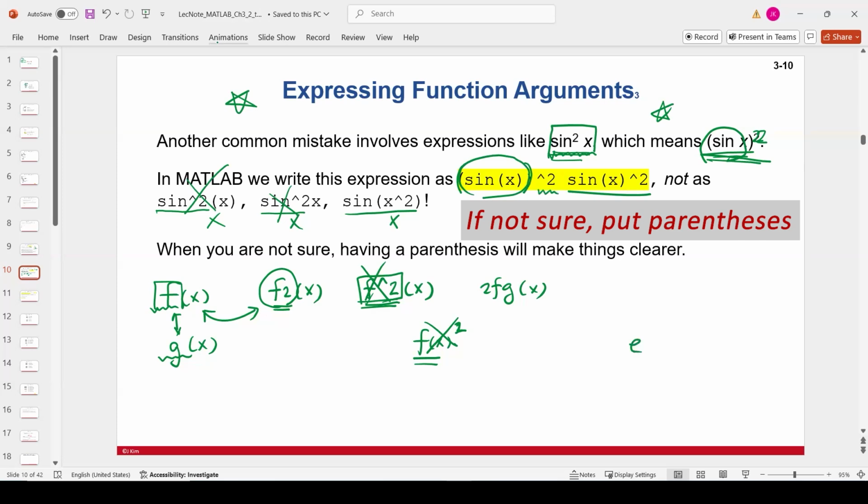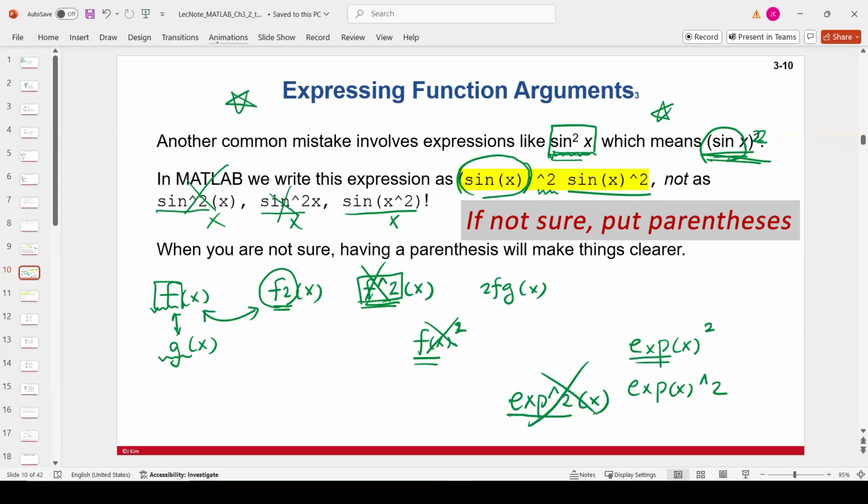Now, same thing with exp of x: if you want to square it, then you need to write it like exp of x caret 2 like that. You can't do exp caret 2 of x. This is not possible either because exp itself is the name of the function.